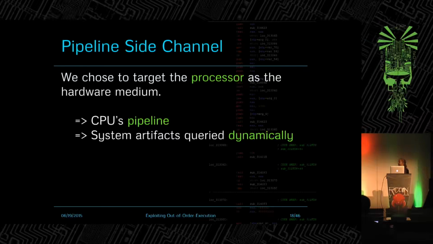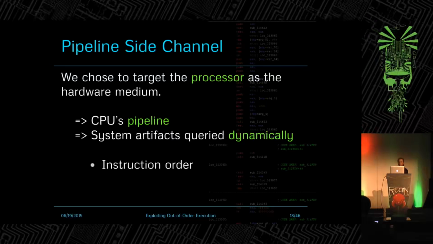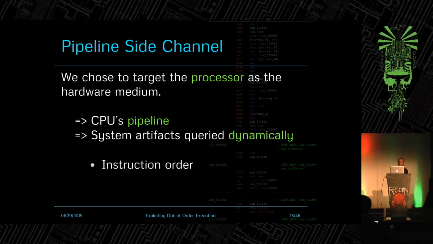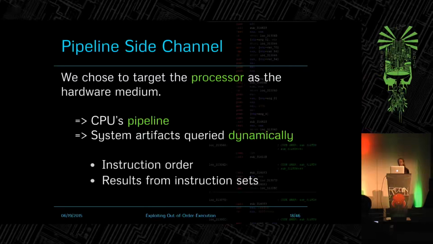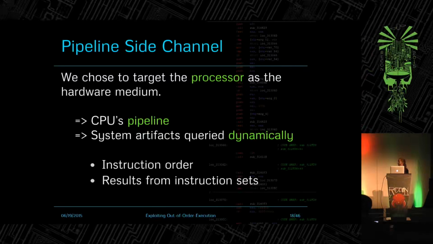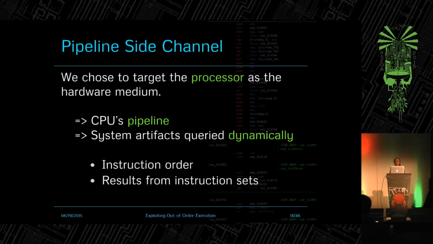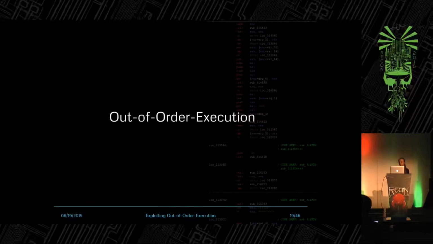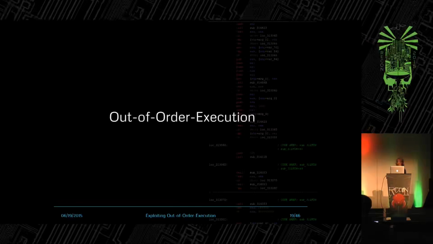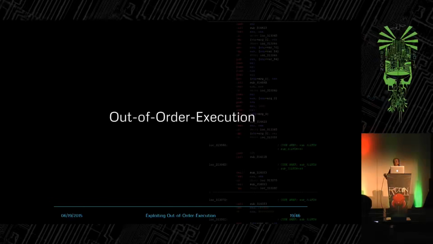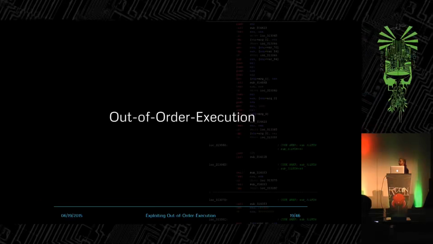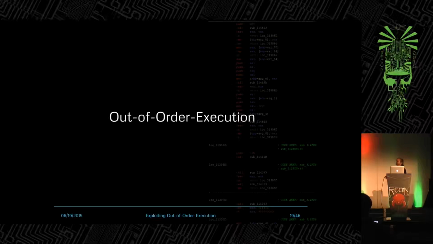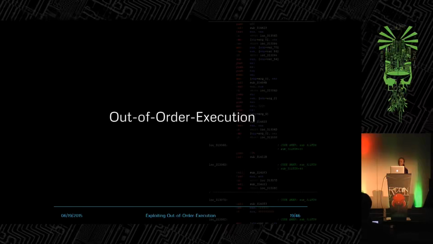So all we really can know about the pipeline is the instruction set or the instruction order we feed it from our processes, and the results from these instruction sets. So we get to know the values that the pipeline can return to us, which basically means we can use out-of-order execution. And that's the artifact that we're going to be forcing and then also recording from the pipeline to learn the state of the pipeline as well as to learn about other processes sharing the pipeline with us.